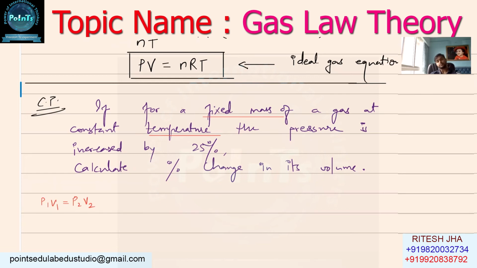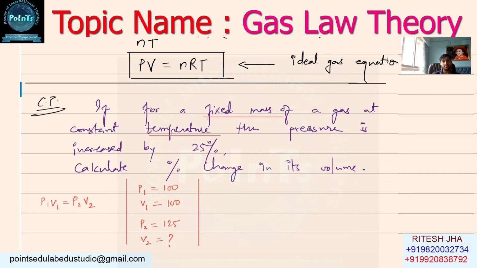Since we're dealing with percentages, we can assume P1 is 100 and V1 is also 100. Why am I assuming 100? Because we are doing it with a percentage. Then increased by 25% means P2 is 125, and we are trying to find V2. Based on that, we'll determine the percentage change.